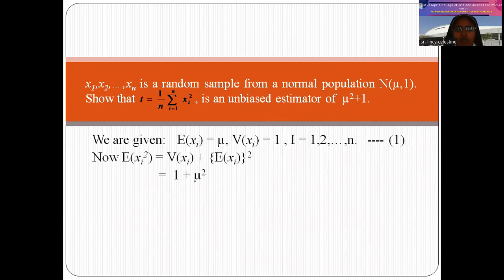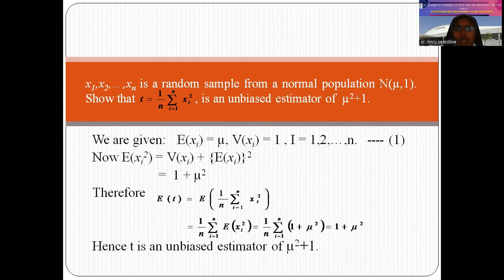If x1, x2, up to xn is a random sample from a normal population with mean mu and standard deviation 1, we have to show that T equal to 1 by n summation xi squared, where i is equal to 1 to n, is an unbiased estimator of mu squared plus 1.